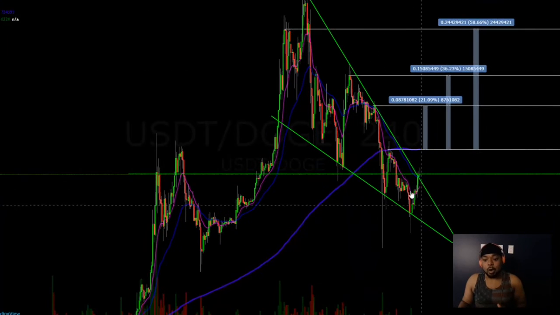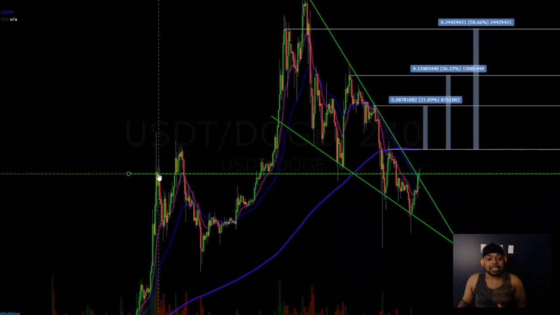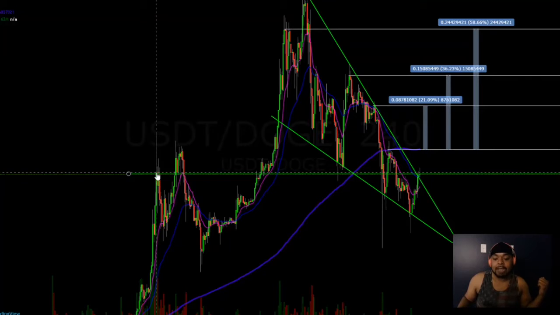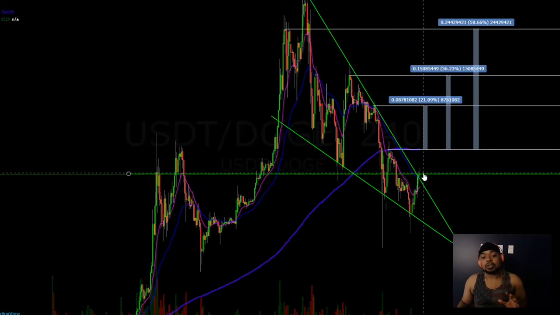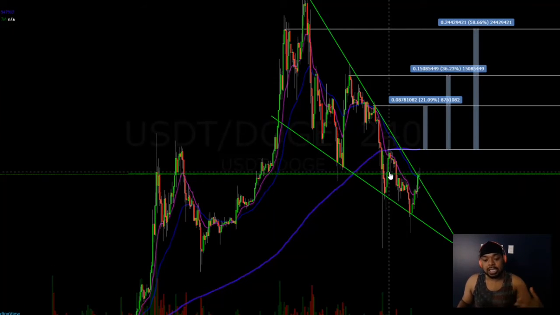So now over here, you have this resistance, right? And you still have price fighting to get above Doge's previous all-time high all the way back from April the 16th. So you could get risky here and go ahead and enter, but no, it needs to break Doge's previous all-time high to continue to see this thing have a markup in price.